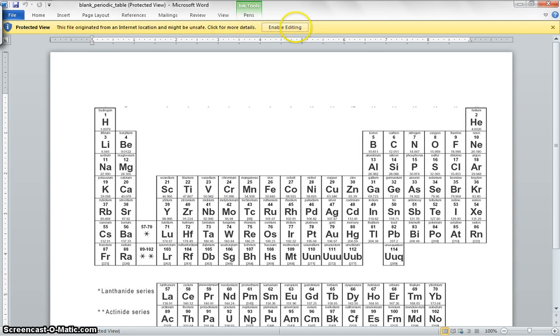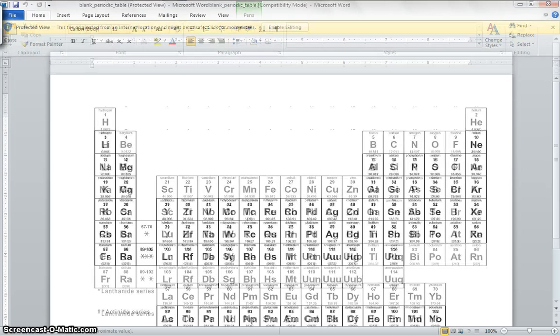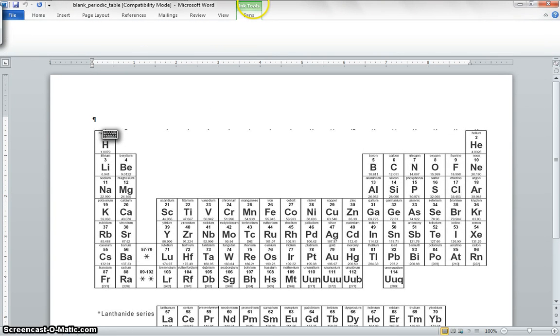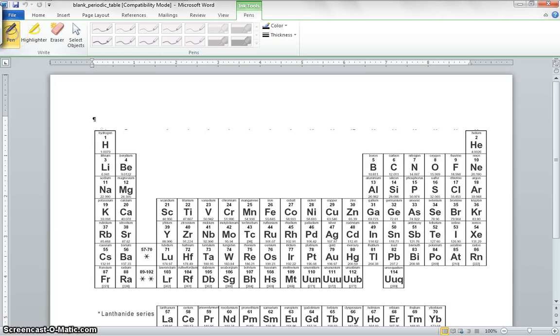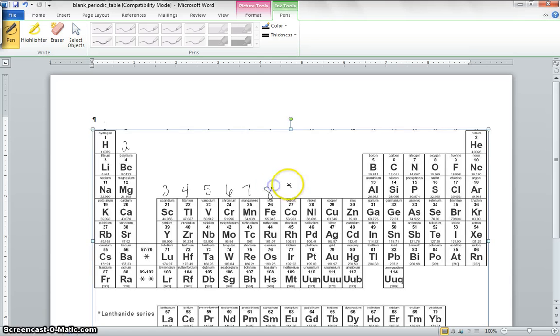So valence electrons are going to go along with the groups that they are in. We have our pen. So this is group 1, 2, 3, 4, 5, 6, 7, 8, 9, 10, 11, 12, 13, 14, 15, 16, 17, and 18.